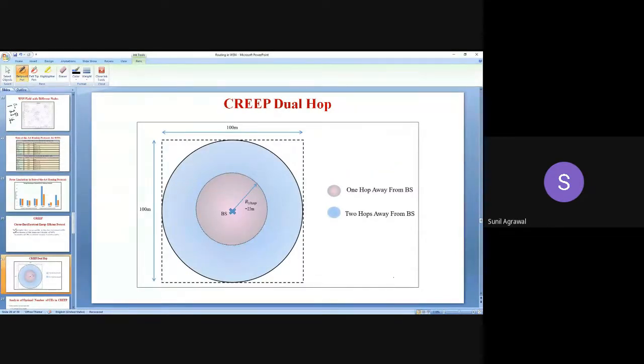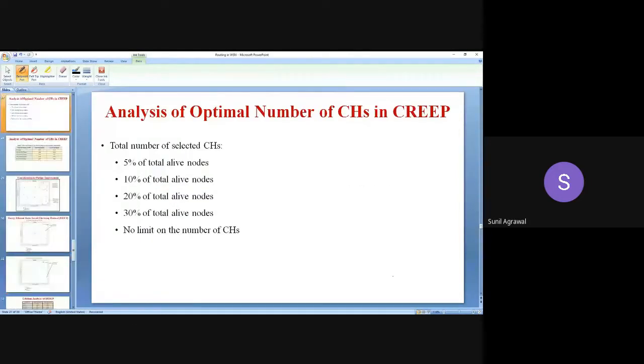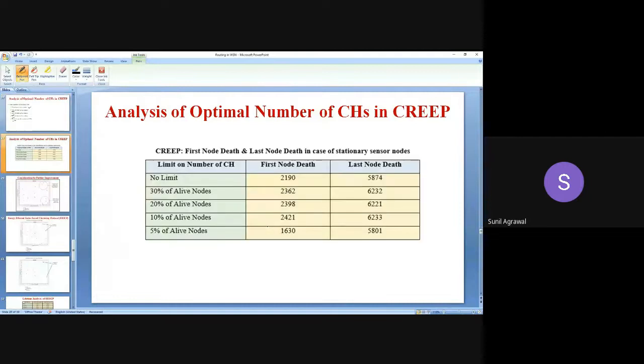Analysis has been done on the total number of selected CH. So you can see 5% of total, 10%, 20%, 30%, no limit on the number of CH. A comparative analysis has been done to investigate the effect of the number of cluster heads on the lifetime of WSN.